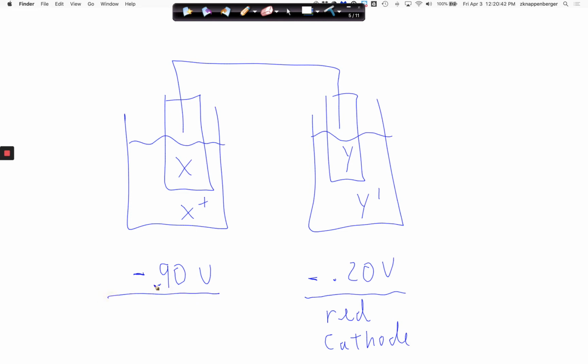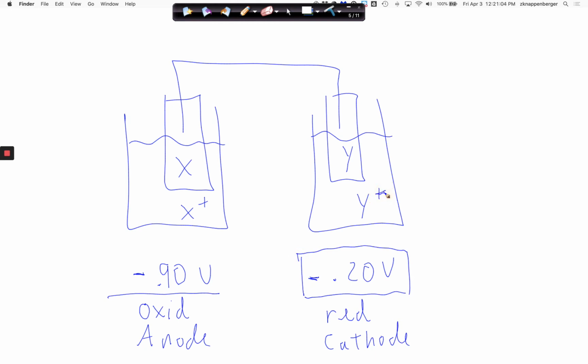This is a smaller reduction potential. Therefore, this is not where reduction takes place. Therefore, this is where oxidation takes place, and this is the anode. So again, negative 0.2 is bigger than negative 0.9, so this is where reduction takes place.